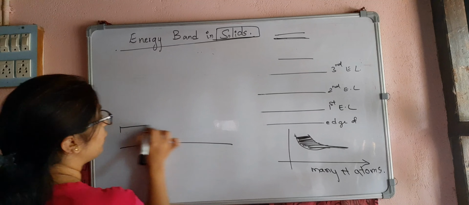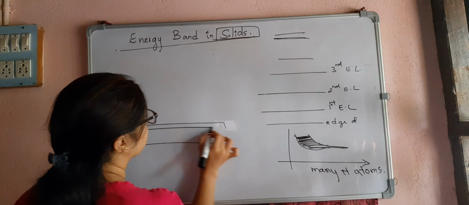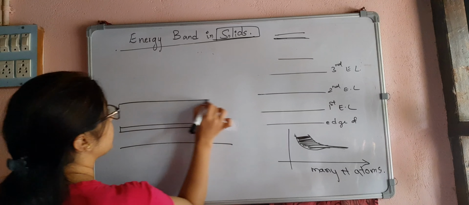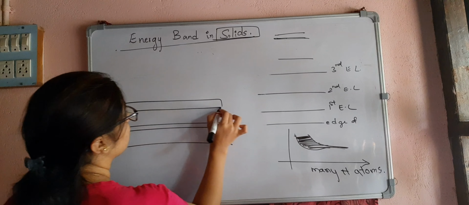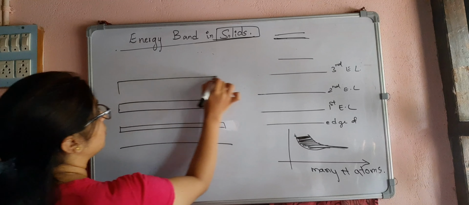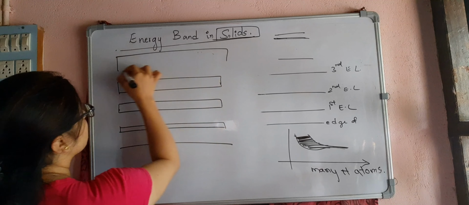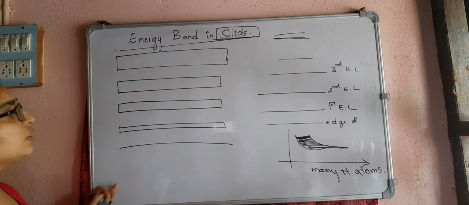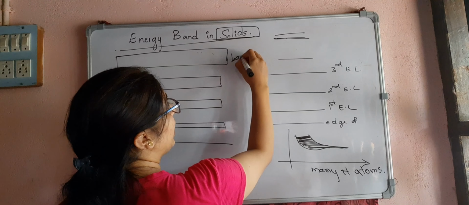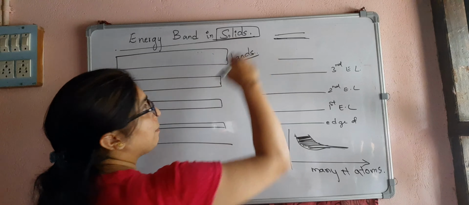Here we can see the first band, here the second band, third band, fourth band. So these are now in the form of energy bands.